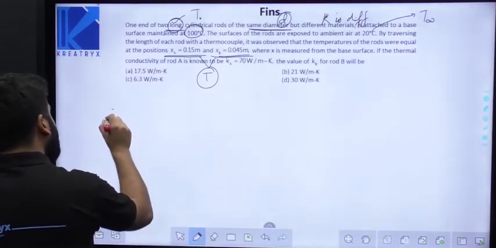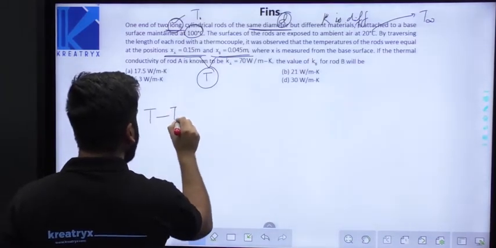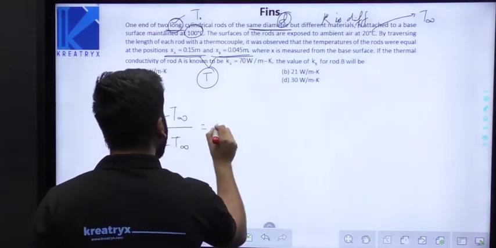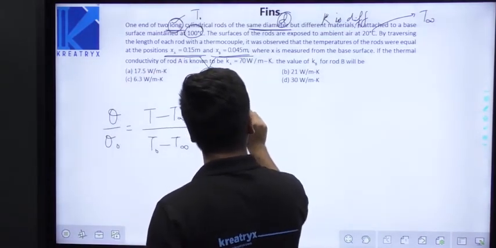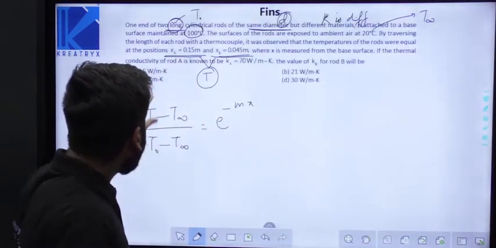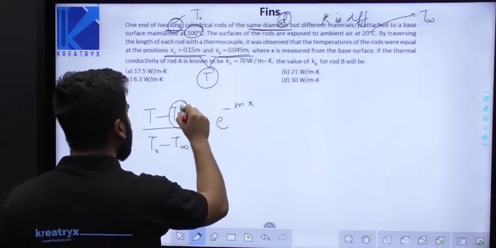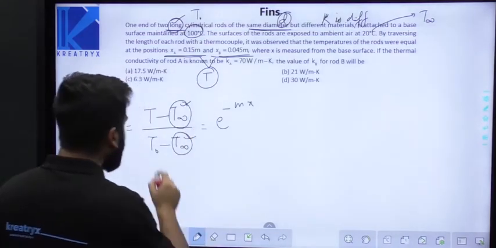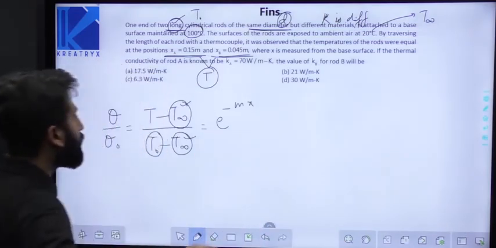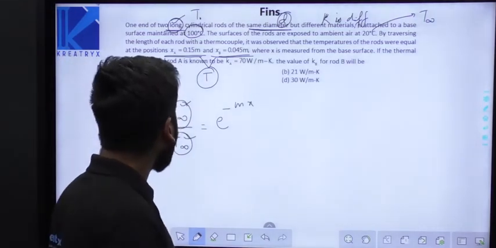It says that theta by theta naught, which is equal to T minus T infinity by T naught minus T infinity, is equal to e raised to the power minus mx. So at x is equal to xa, T is, let it be T. T infinity is same for both the cases. T naught is also same for both A and B. And T is also same for both the rods.